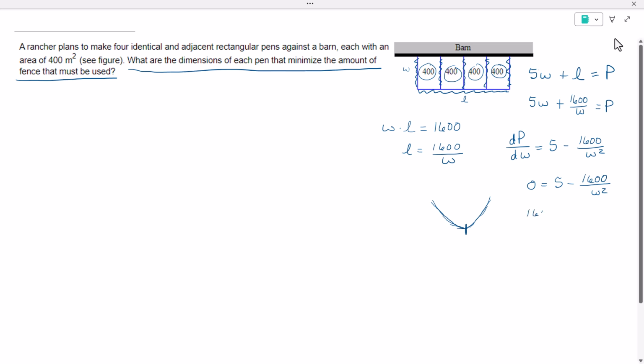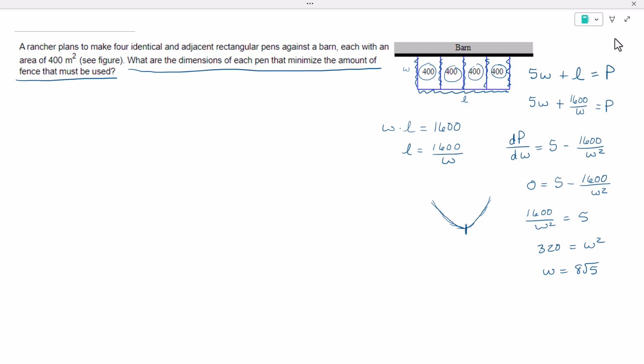So 1600 over W squared equals 5. I'm going to take 1600 and divide by 5, which is 320. And then if I take the square root of that, W is going to be 8 square roots of 5. We don't care about the negative, we can't have a negative width there.